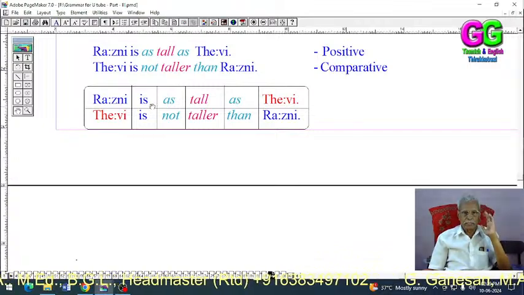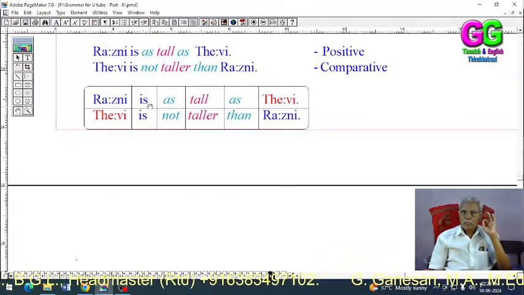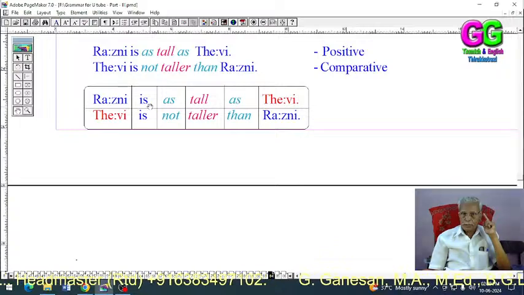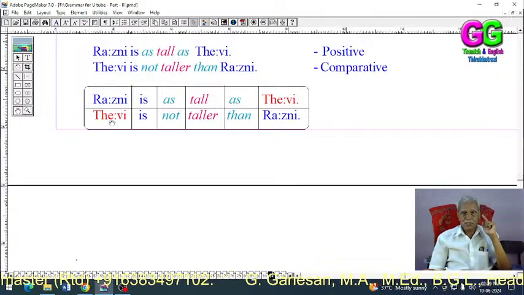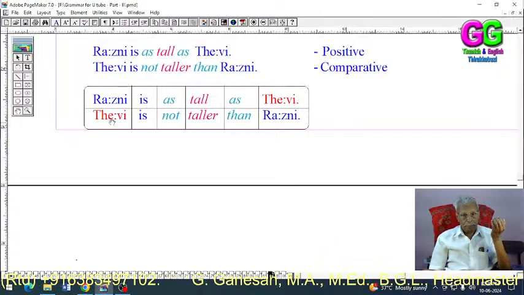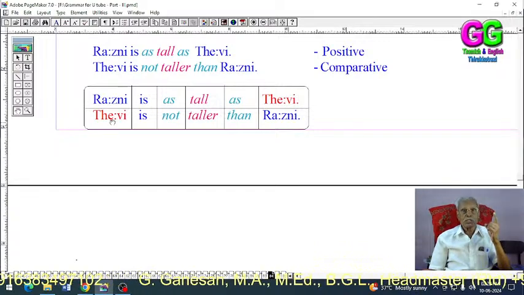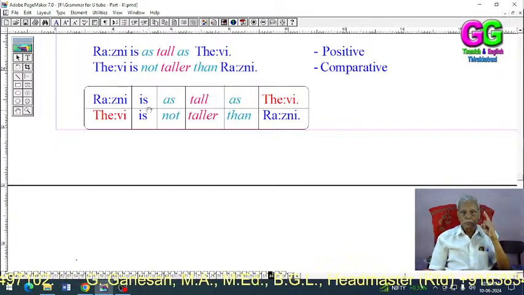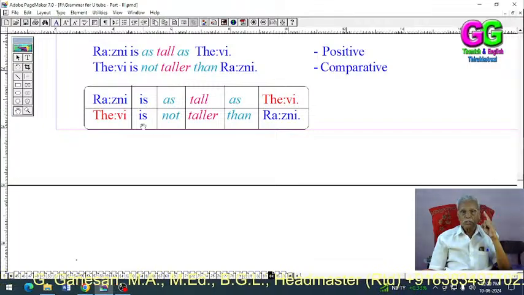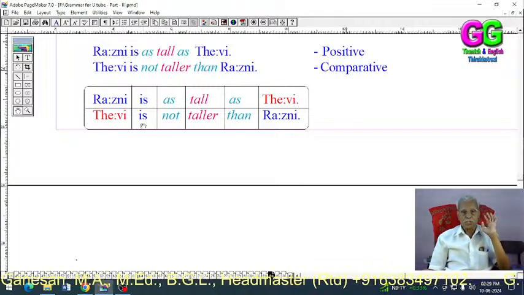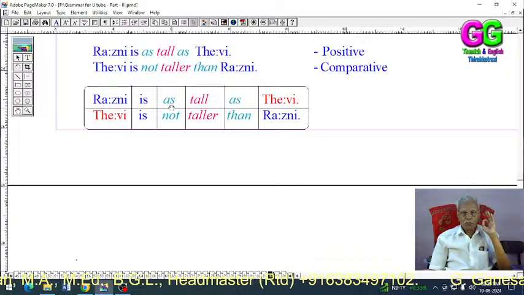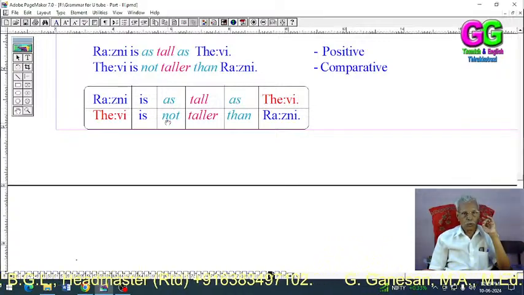Thirdly, the verb is in positive degree. As the subject in comparative degree is also third person singular, the verb is kept as it is. Fourthly, the first "as" has been replaced by "not".